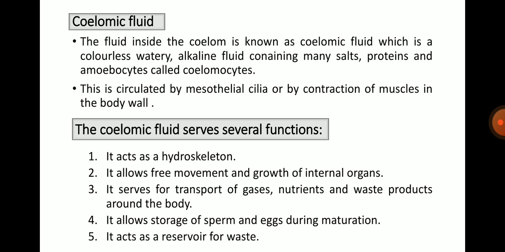The coelom communicates with the exterior by two sets of ducts, namely nephridia and coelomoducts. Nephridia are ectodermal tubes that remove water and excretory waste, while coelomoducts are mesodermal tubes which usually open into the coelom at one end, while the other end communicates with the exterior.